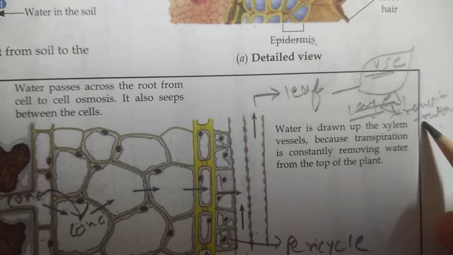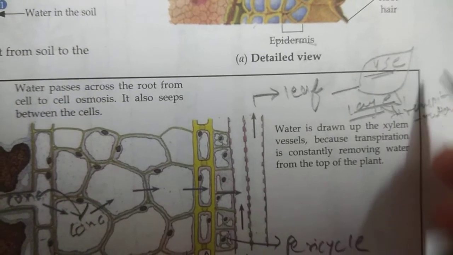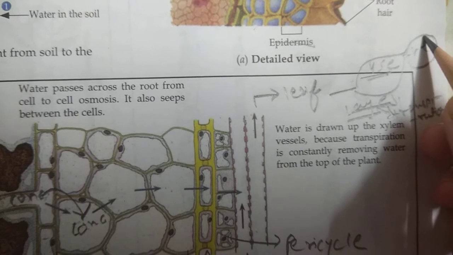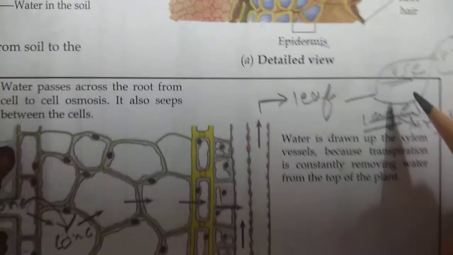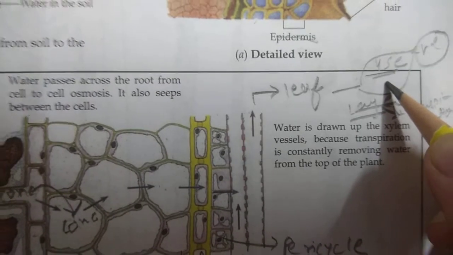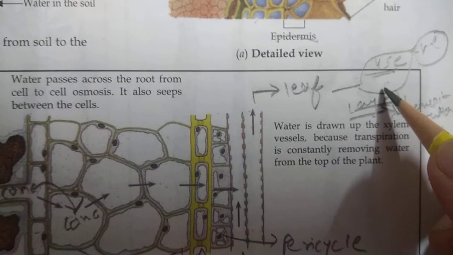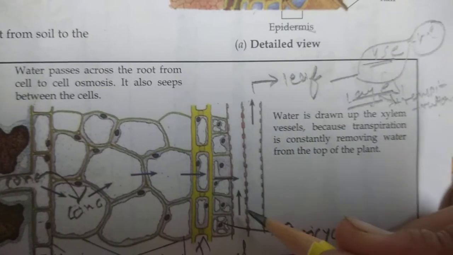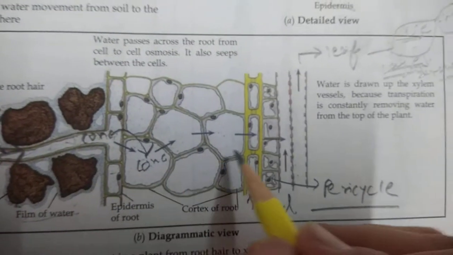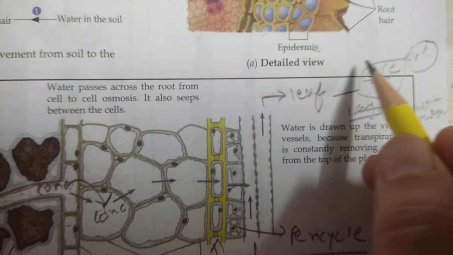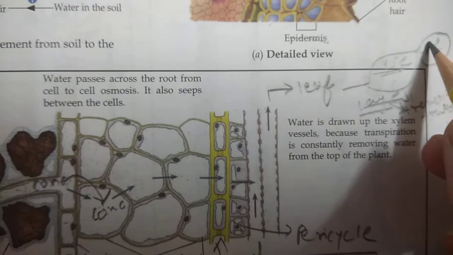Because of this transpiration, it generates negative water potential, and because of that, a suction force is generated inside the leaf mesophyll cells. This suction force is transmitted via the stem to the root, and because of that the water can be pulled through the root, against the gravitational force, over a large distance.